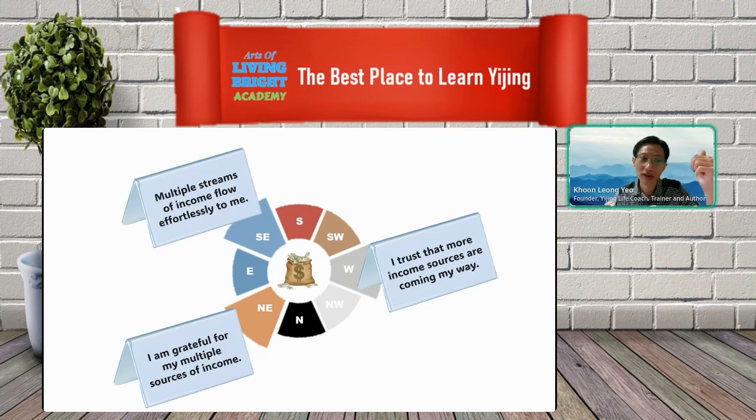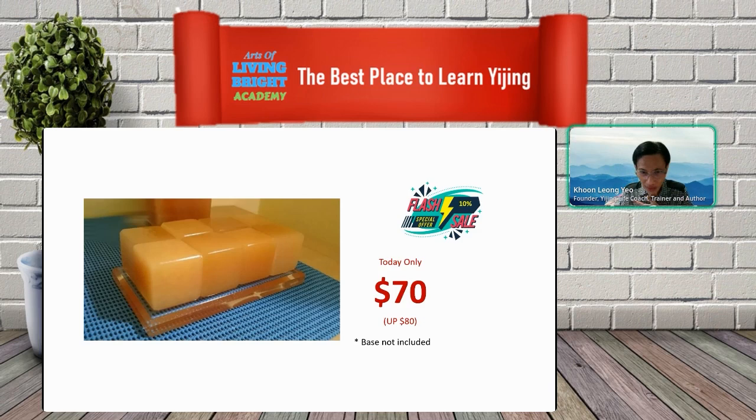Number two, I trust you to give me more income sources. And number three, I'm grateful for my multiple sources of income. So you are declaring this openly, so you're actually inviting it to show up. Just be prepared to receive it. That is the first part of empowerment. The second part, can anyone tell me what the second part of the empowerment is? Sooner or later, you all will ask me if I don't show you this slide.